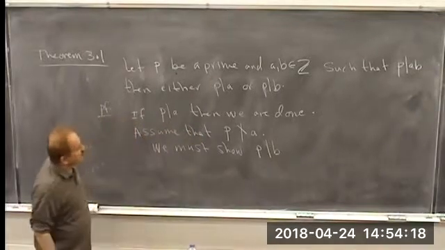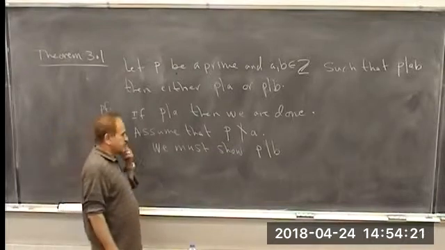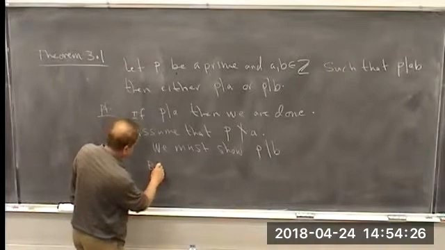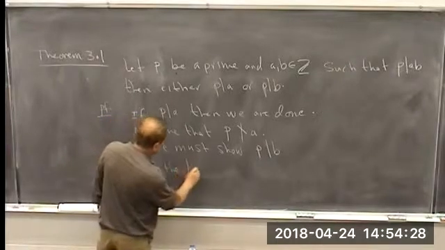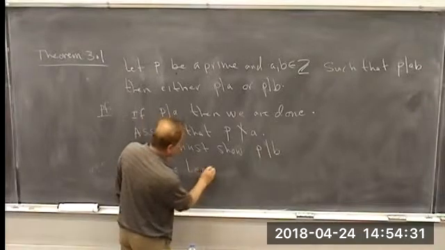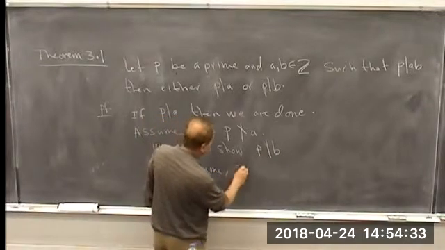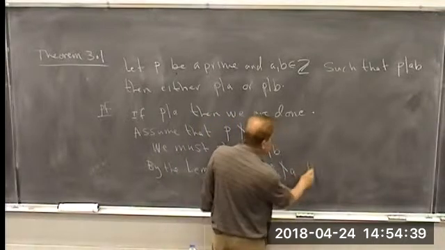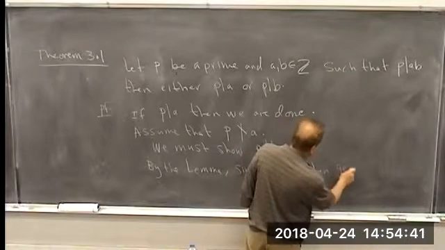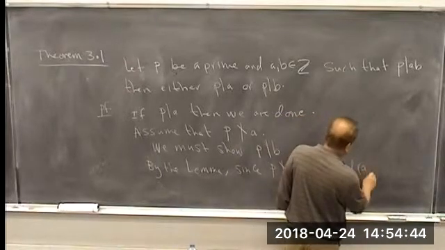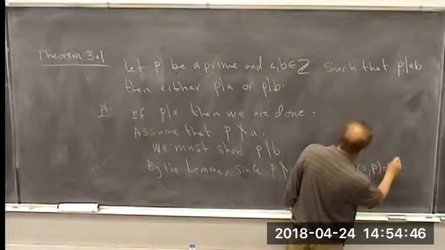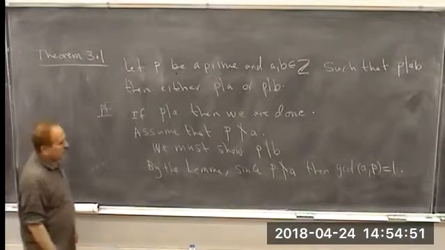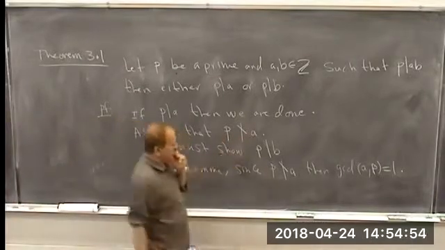Now, let's actually apply the lemma. Since P does not divide A, then the greatest common divisor of A and P must equal 1. This is the other possibility when P does not divide it.